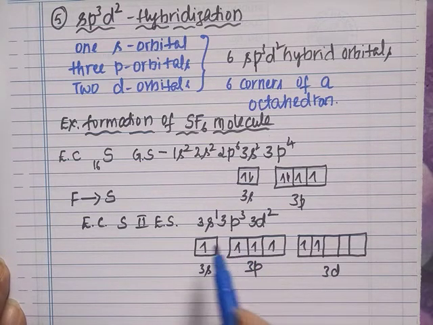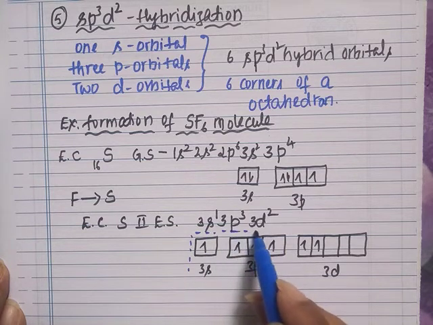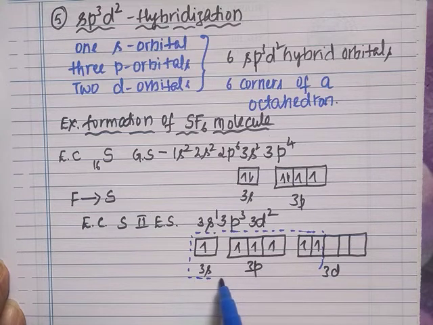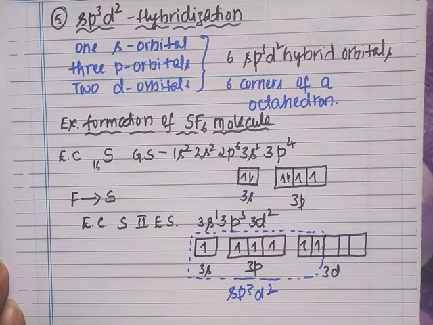So these orbitals, that is one 3s orbital, 3 p orbitals and 2 d orbitals, undergo sp3d2 hybridization to form 6 sp3d2 hybrid orbitals, which are directed towards the 6 corners of an octahedron.